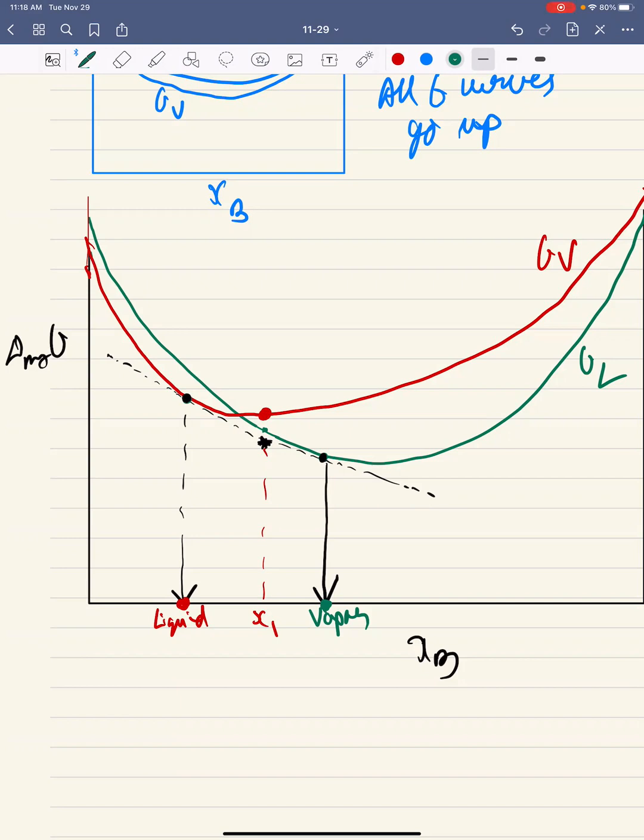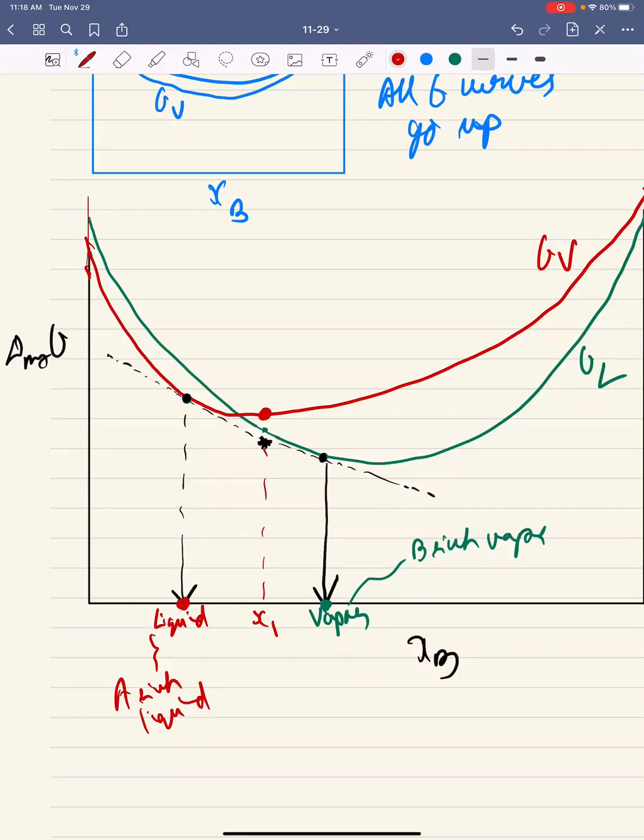Vapor has higher XB, right? So you have split into a B-rich vapor and an A-rich liquid. It's all relative for this particular value. Even the vapor has more A than B, but relative to each other, the vapor has more B than liquid.